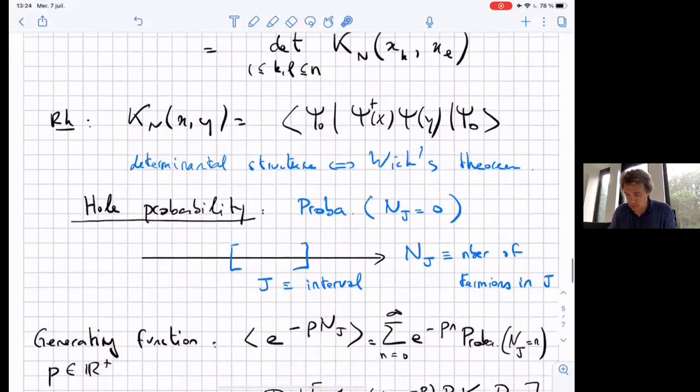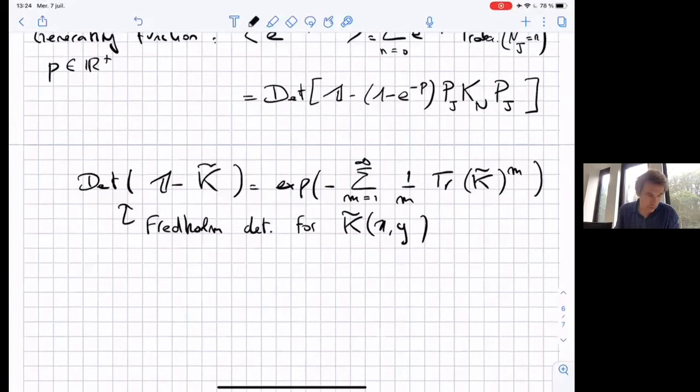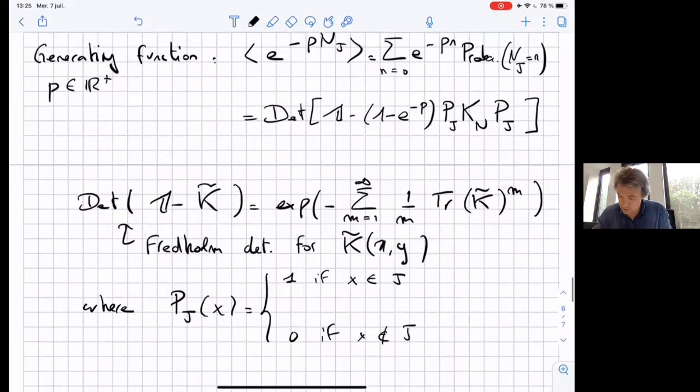Now I need to tell you what this Pj is. Pj is very simple. It is what we call a projector. Pj of x, I will illustrate it, is just equal to 1 if x is in J, and 0 if x is not in J. So what it means precisely: you see, in this formula I need to compute the trace of k tilde to any power.